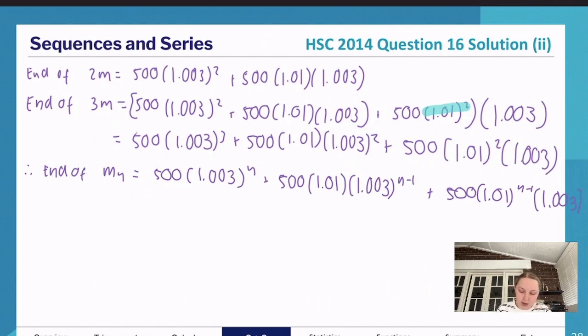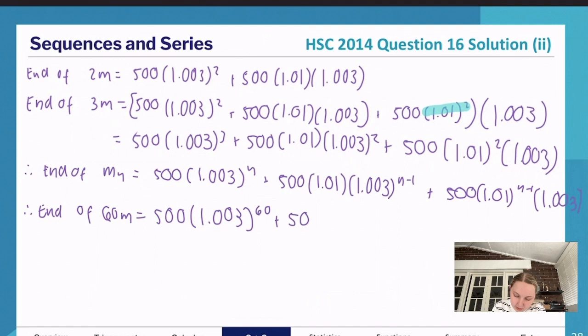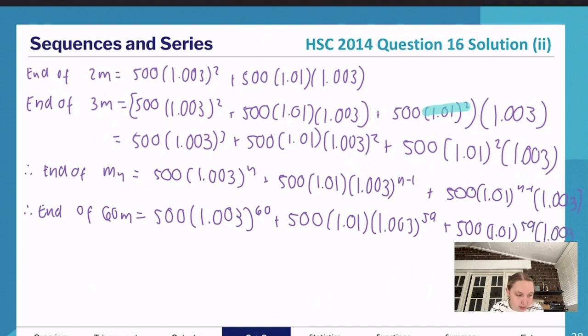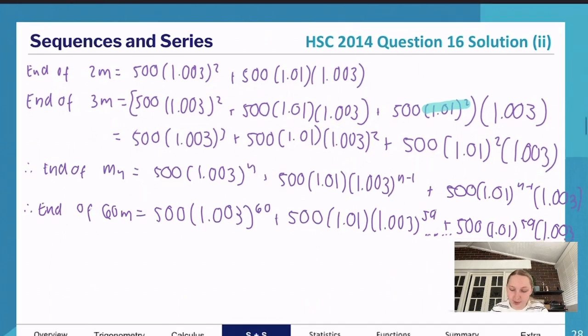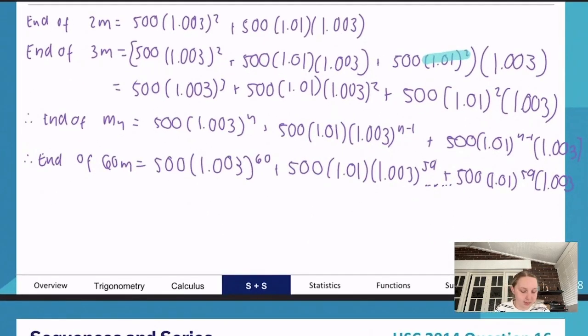So then the end of the 60th month is going to equal 500 × 1.003 to the power of 60 plus 500 × 1.01 × 1.003 to the power of 59 plus 500 × 1.01 to the power of 59 × 1.003, and we'd have all these little bits in between. Okay, and then this is where it becomes a sequence.